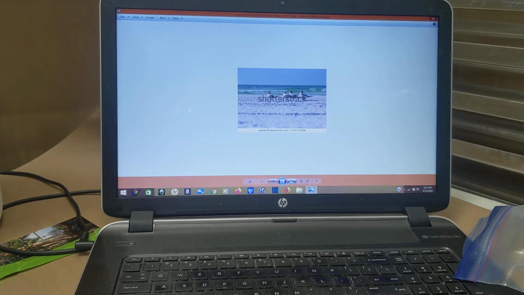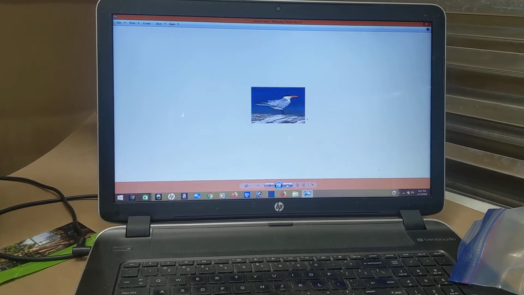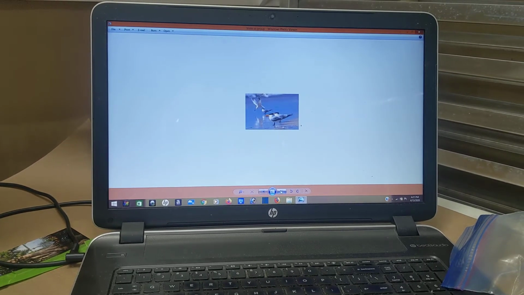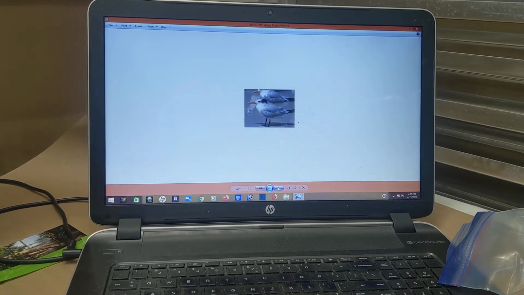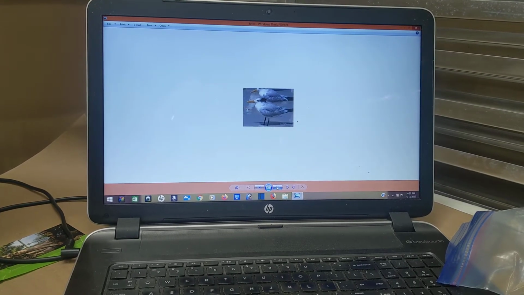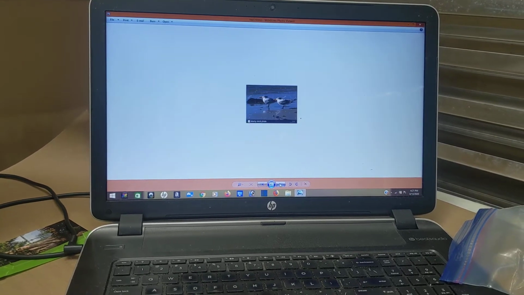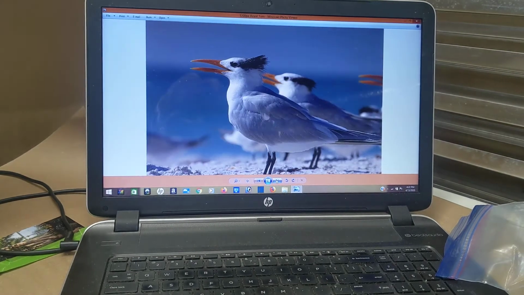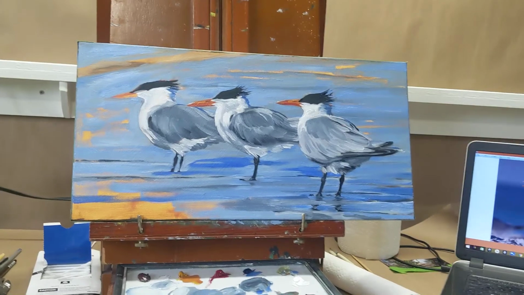And I have gathered a lot of different pictures of terns. I wanted to do a picture of a trio of terns, a shorebird. We live in Florida. There's something about them that really drew me in, so I collected all these pictures, and I composed my painting from the references that I found.